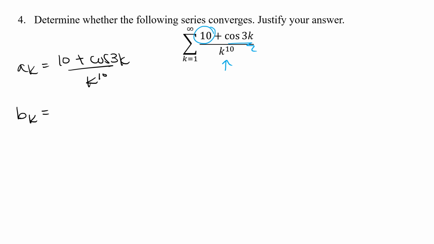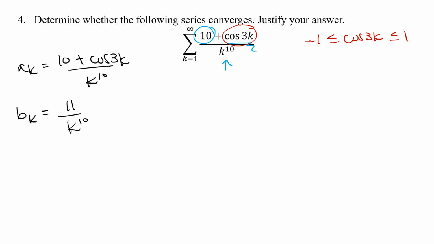Well, usually we would take a look at our leading terms here, but because we want to make sure that our a_k is smaller than our b_k, and since we're adding on this additional cosine here, and we know that cosine falls between -1 and 1, how about we let our b_k be equal to 11 over k to the 10.